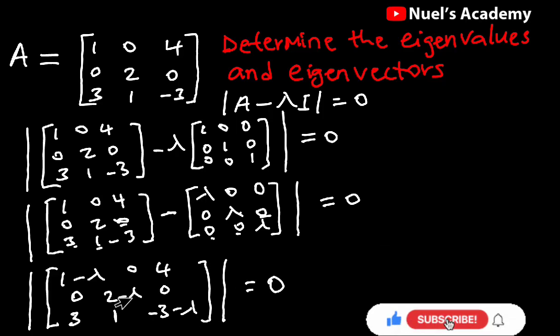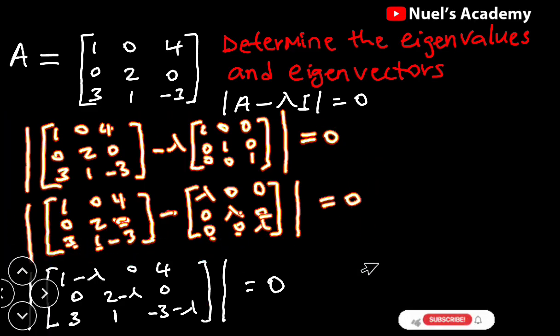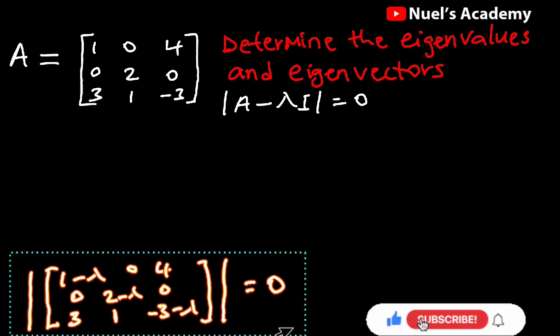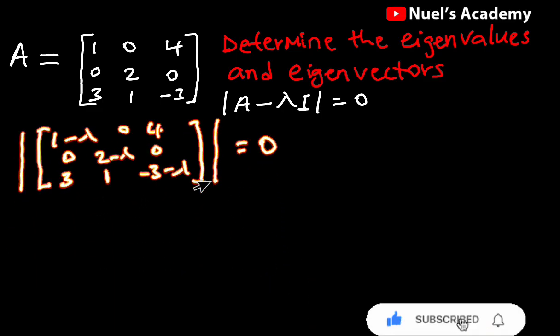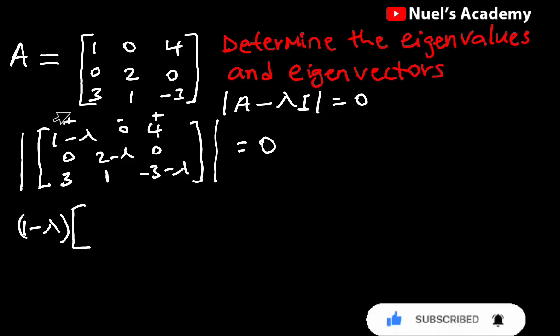Now let's compute the determinant of this 3 by 3 matrix. So we're going to have, this is plus, minus, and then plus. So we have 1 minus lambda. Then we are going to rule out the first row and first column.